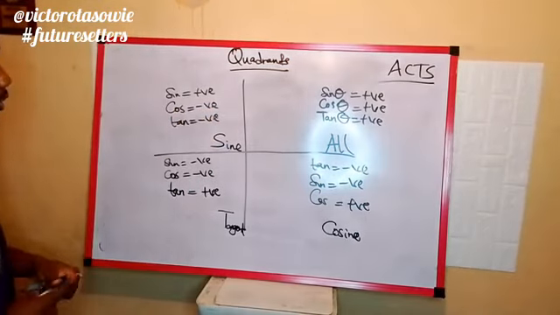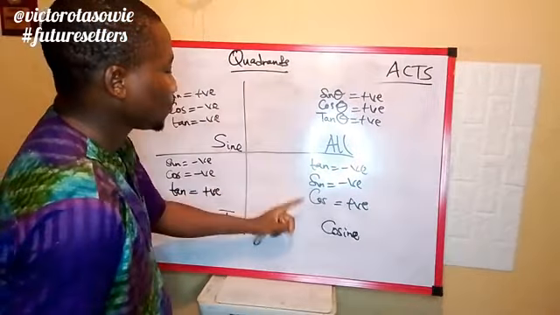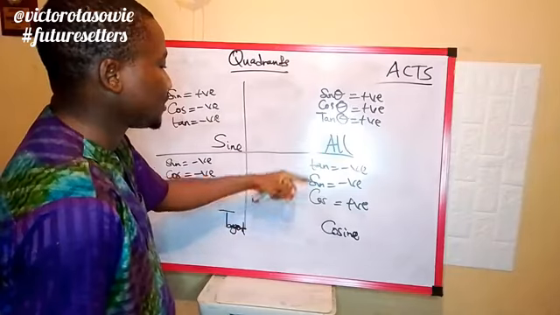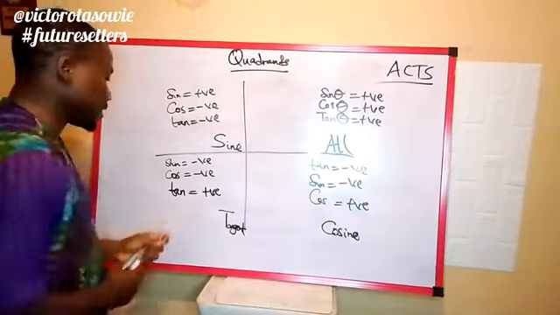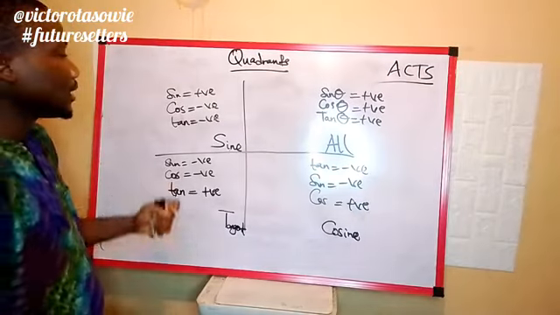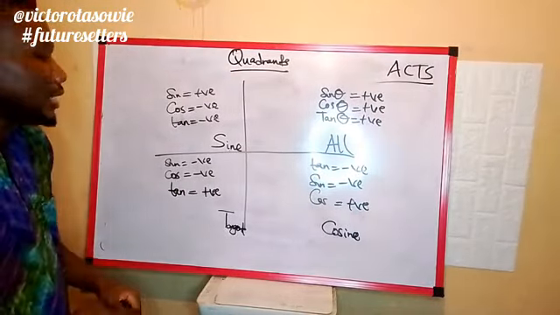So take note of this point. All represents that sine, cos, tan are positive. Cosine represents that cos is positive, sine is negative, tan is negative. Tangent represents that tan is positive, cos is negative, and sine is negative. And sine represents that sine is positive, cos is negative, and tan is negative.